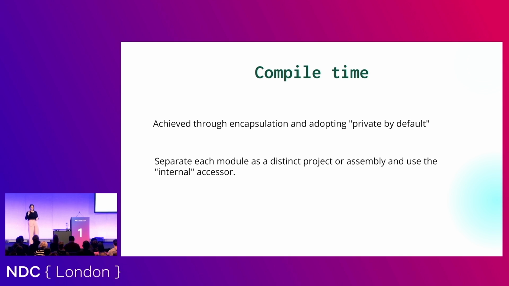Now, compile time, we do this through encapsulating, by having things private by default or internal. And I got in a bit of an argument last year, I think it was, where someone said, don't bother making anything private or internal because you can just use reflection. Okay.